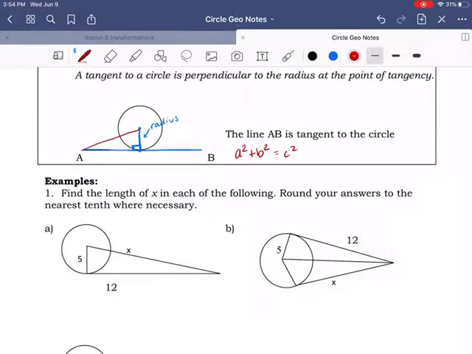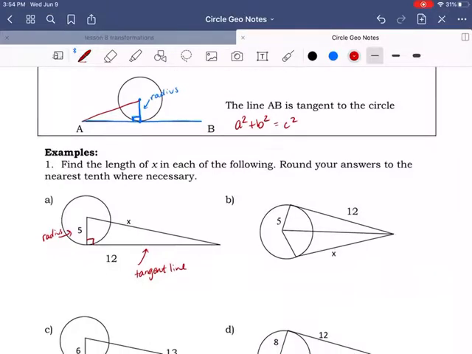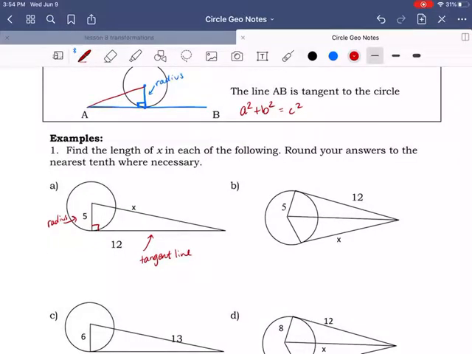We've got this radius, and it's meeting this tangent at 90 degrees. This is a tangent line. So if it's meeting at 90 degrees, we can use Pythagorean theorem. This is a short side, this is also a short side, which means we're looking for c.